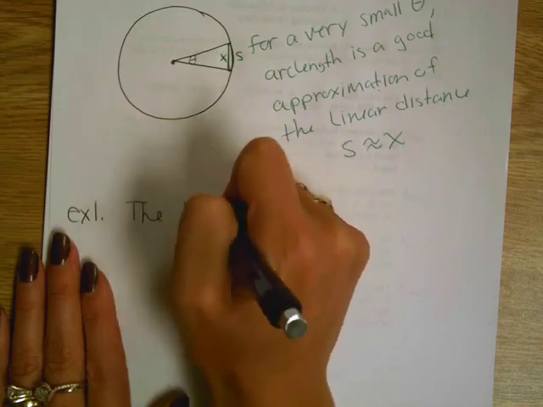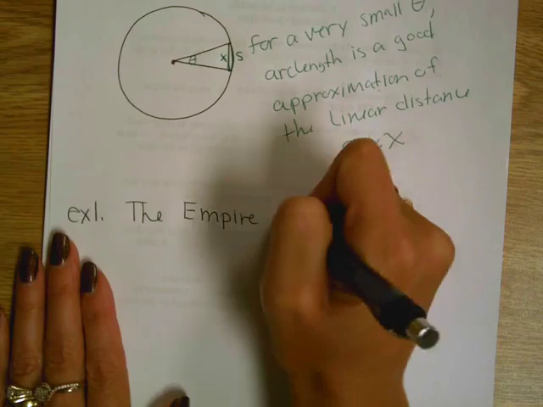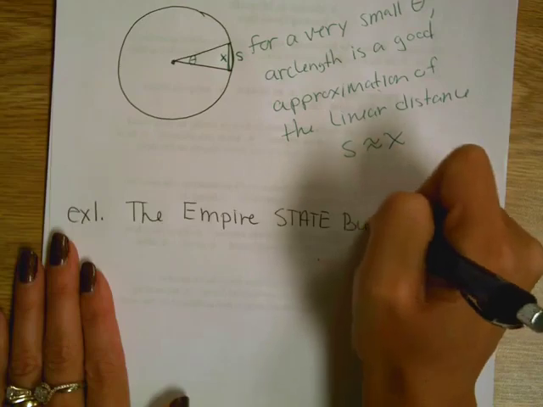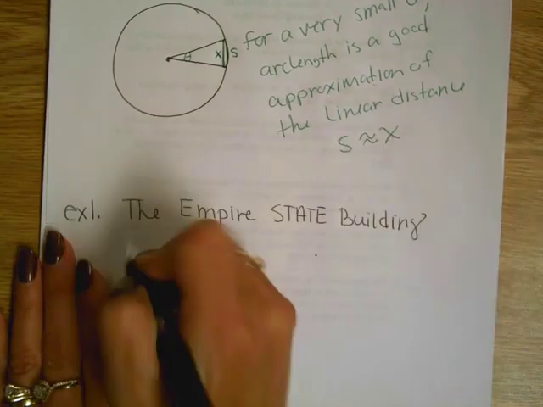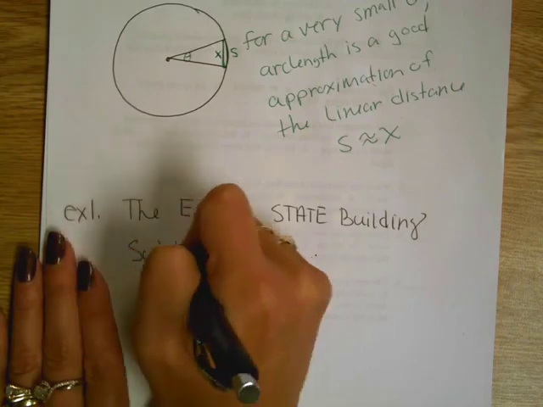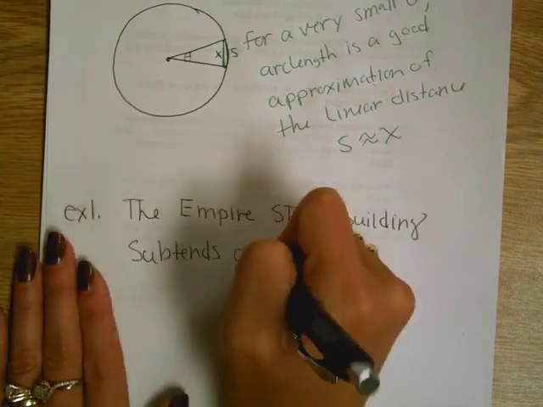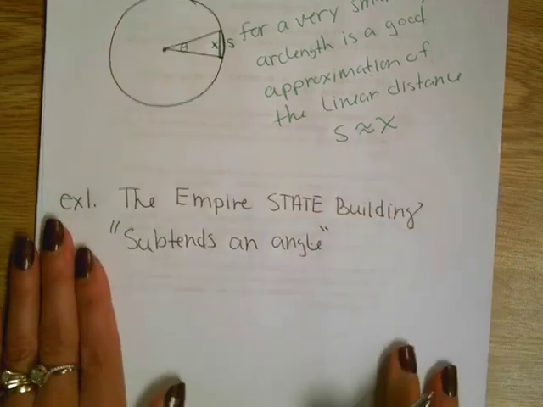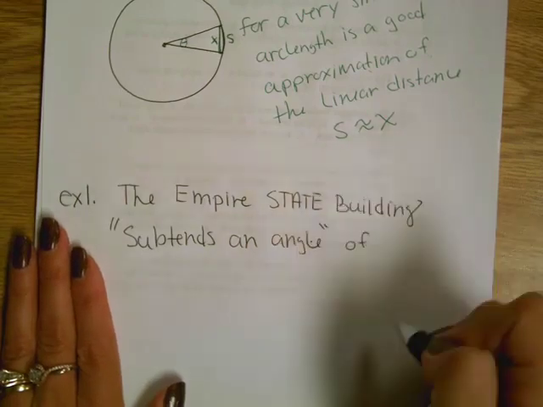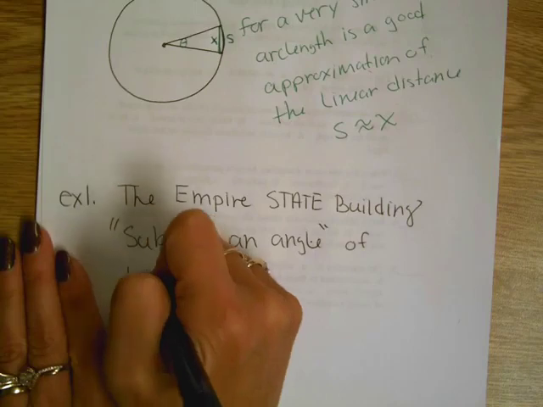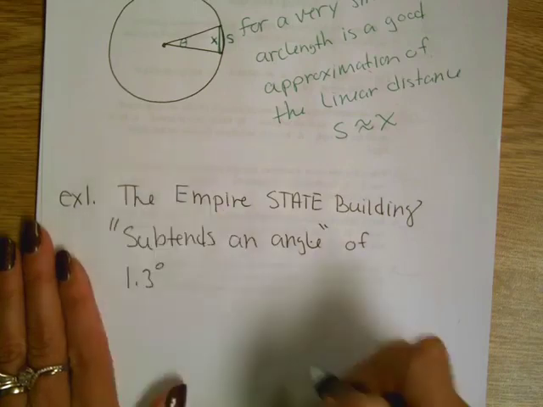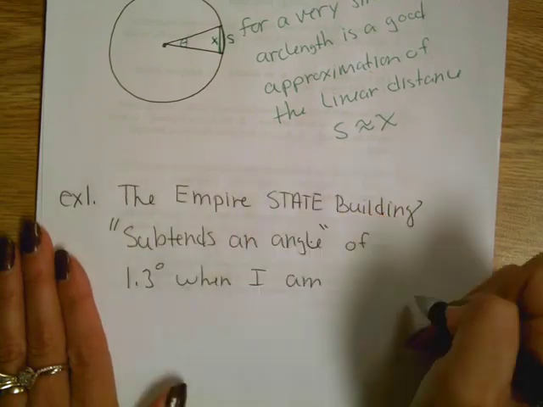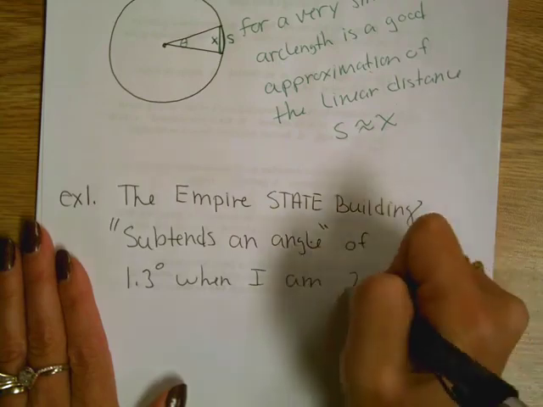The Empire State Building subtends an angle, I'll tell you what that means in a minute, of 1.3 degrees when I am 2.3 miles away.